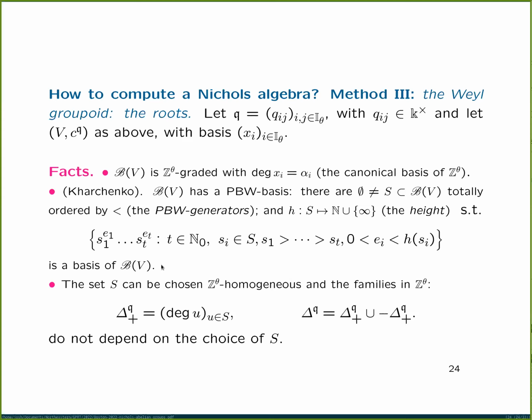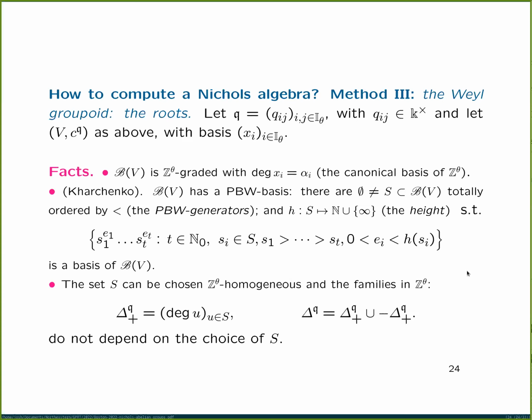Now, according to Heckenberger, the set S can be chosen as formed by Z^θ-homogeneous elements. And the last fact I need is the following. I know that the elements of S are homogeneous with respect to the Z^θ-grading.